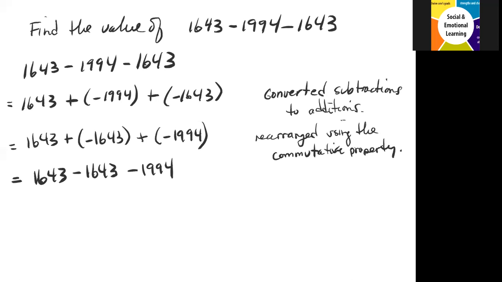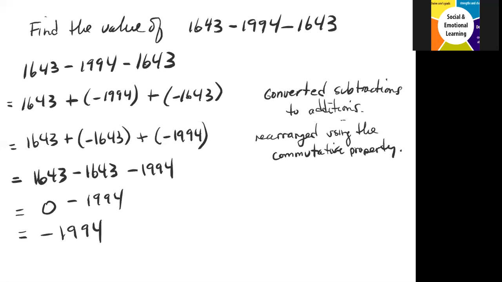It seems like extra steps. And it is. But it's going to be important to be able to do this when you have more complicated terms, like with variables and things like that involved. So we know that's going to be 0 minus 1994, which again, we're going to say is minus 1994.